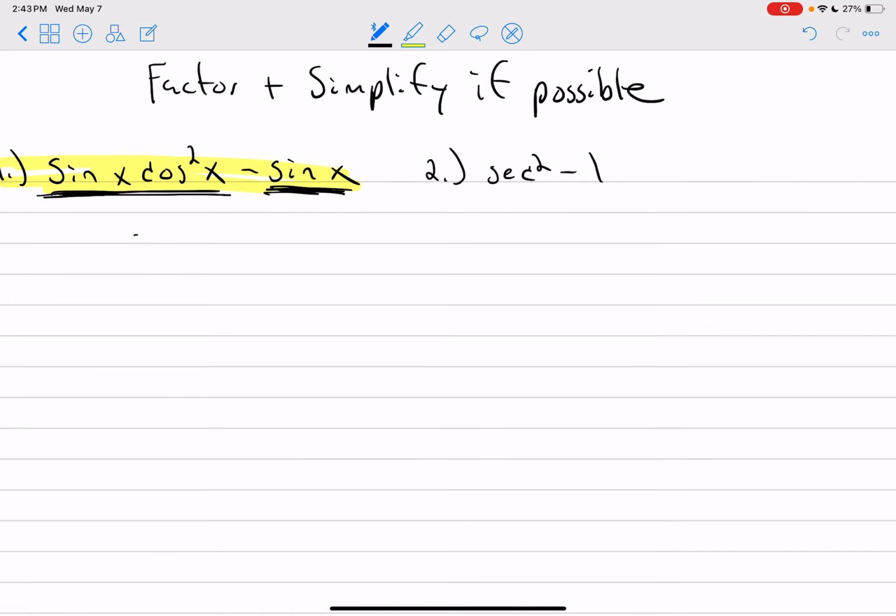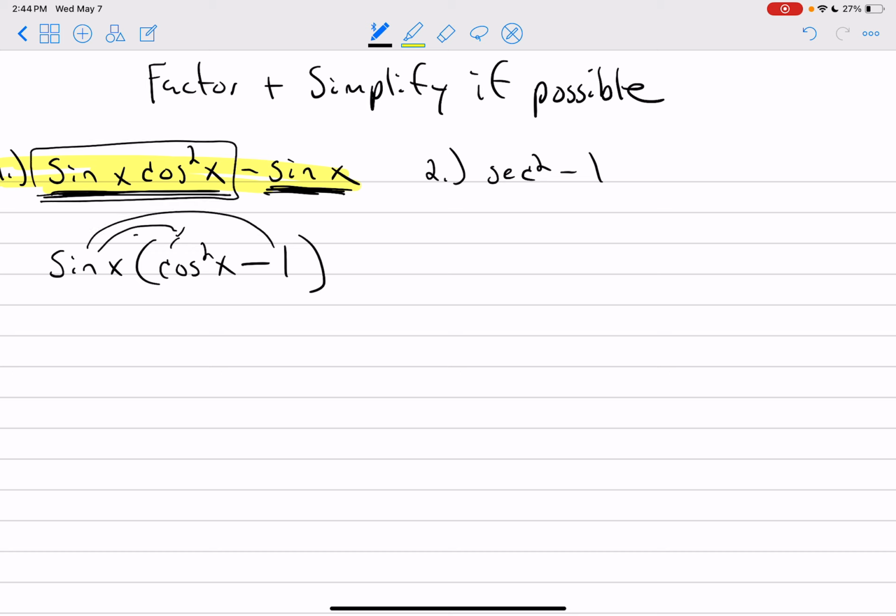So I'm going to factor sine x out, and I'm left with cosine squared x minus 1, because remember, sine x times cosine squared x is sine x cosine squared x, minus sine x times negative 1 is negative sine x. All right, so that's just a reminder. We're just factoring out a GCF, which you've done a whole bunch of times before.